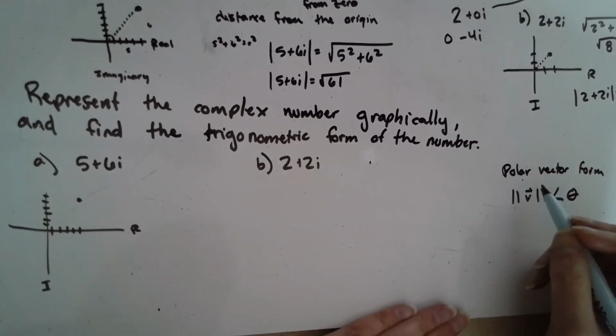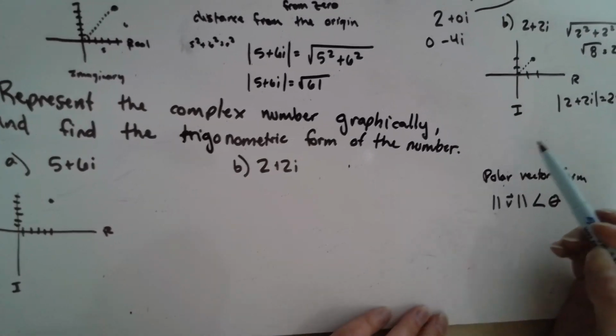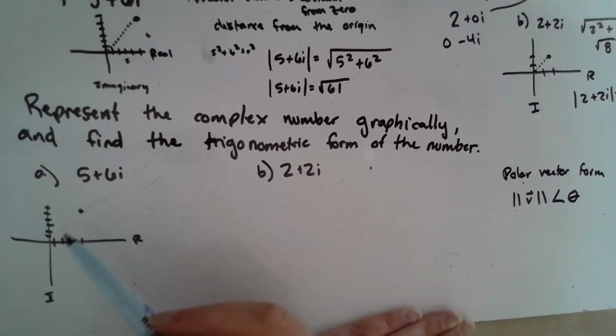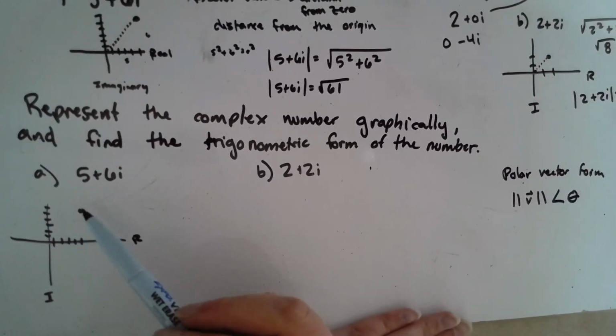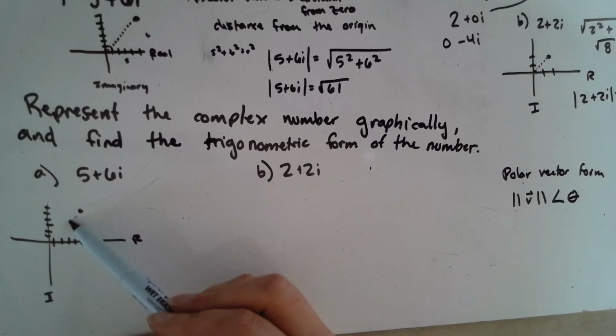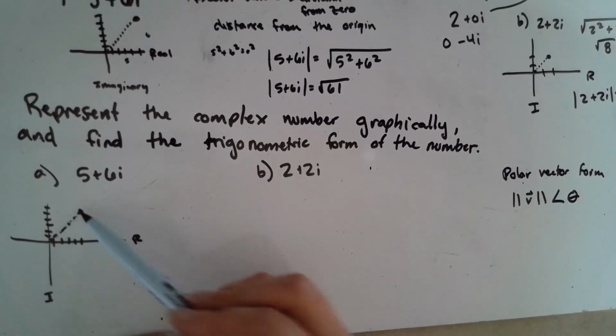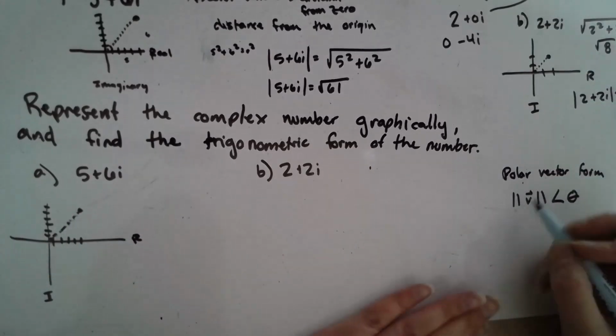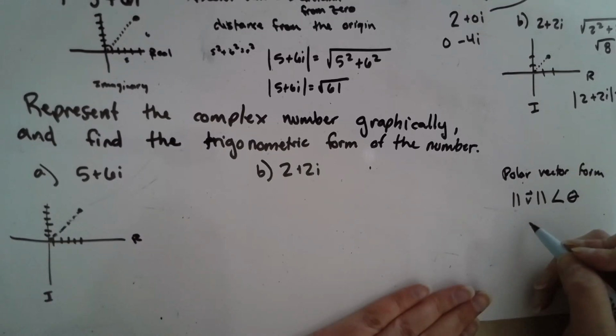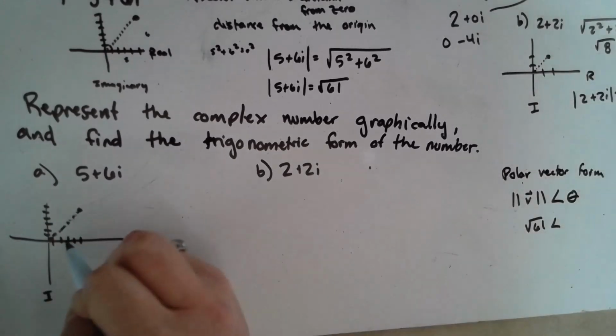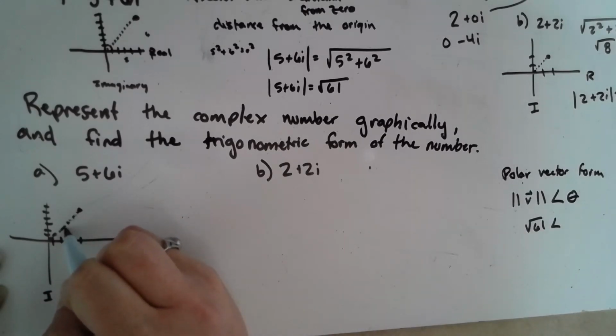So let's go to this one right here. If we think about it, the magnitude, or in this case the absolute value, would have been square root 61, and then we would have to find this angle in polar form.